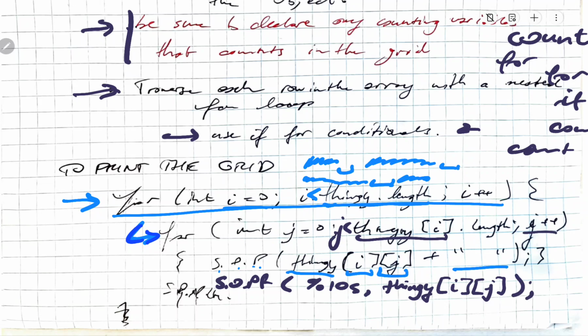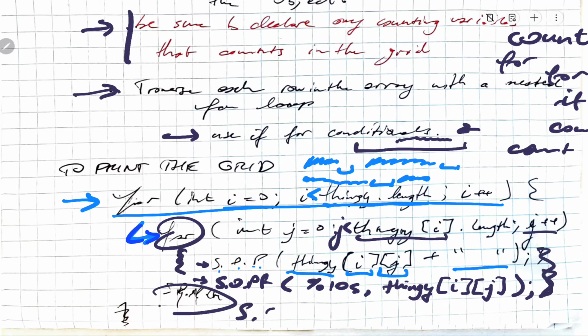It would print the name in 10 spots, but I'm not sure how well that would work because some names are obviously longer than 10 letters. So there are two ways to solve this part of the printing. However, to separate your lines, once this for loop is complete, you're going to add in a system.out.println here to make sure that once this row is complete, it actually goes to the second line.